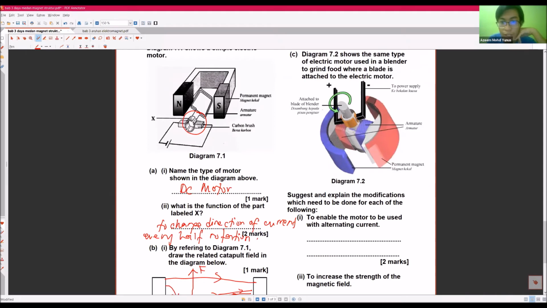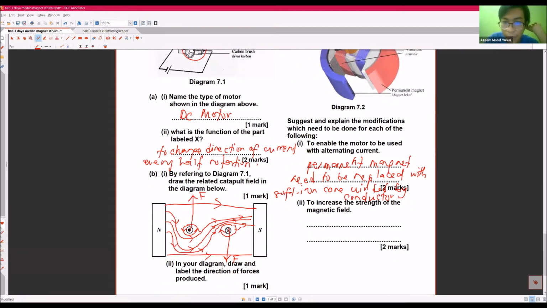For the motor to be used with alternating current, the magnet of iron ore needed with conductor. Or we can say it needs to be replaced with an electromagnet. Explain: so that the magnet is changed, the current changes.